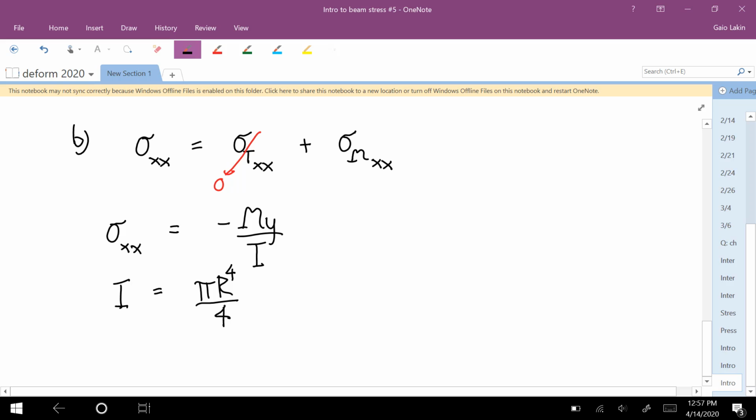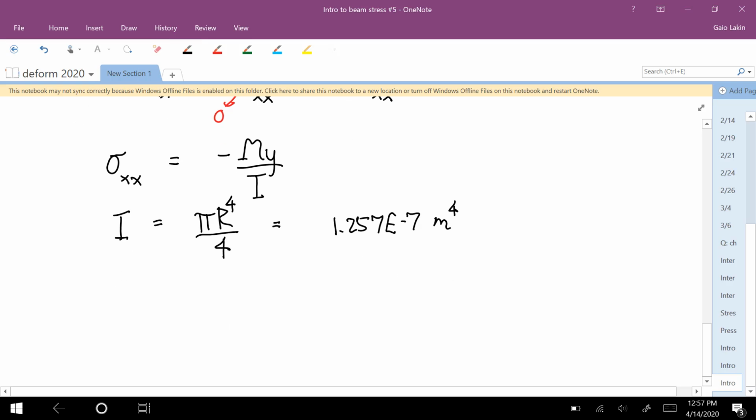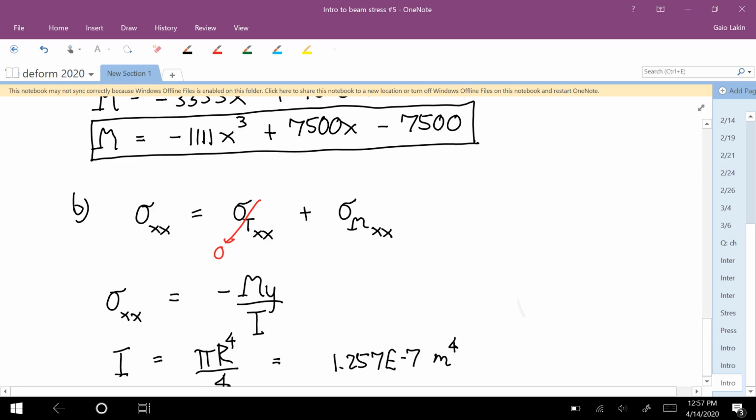Okay, so the radius of our circle is 2 centimeters. So this is pi times 0.02 to the fourth power divided by 4. So that's 1.257 times 10 to the minus 7 meters to the fourth. And now we can plug in our functions.